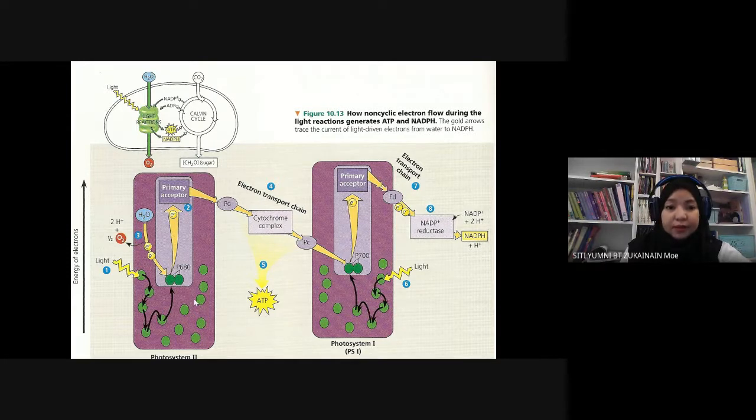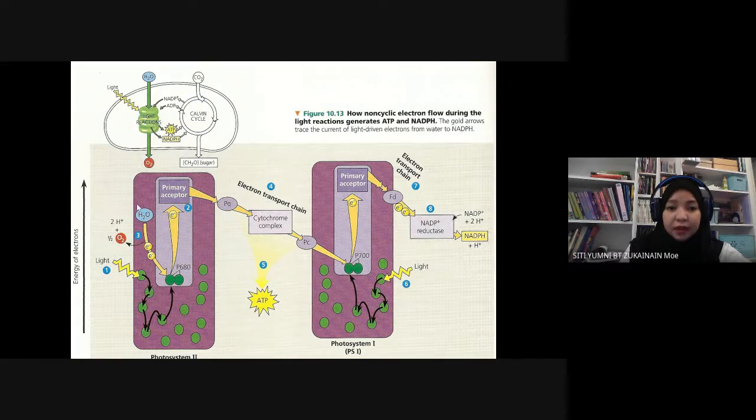So if you can see previously, it starts with photosystem 2, so that it is easy for you to understand the light reaction. When the light strikes photosystem 2, P680, the electrons in chlorophyll a become excited and are accepted by the primary acceptor.